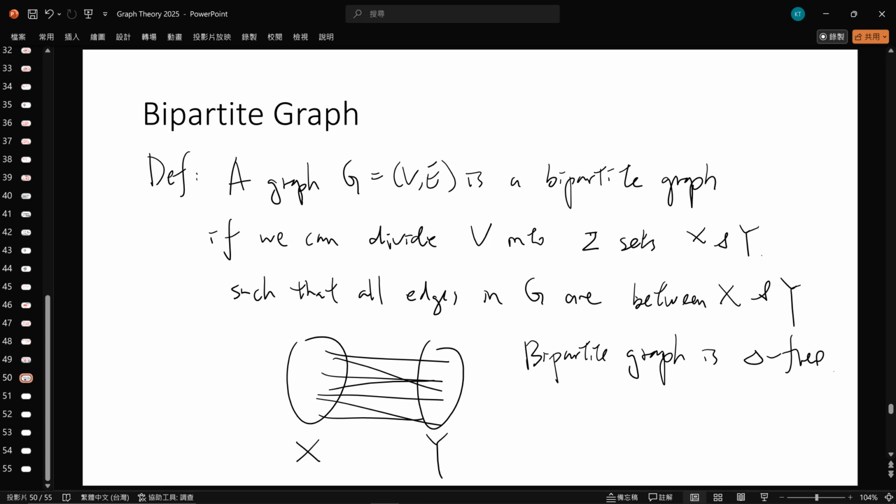So actually, we can slightly generalize this result. A triangle is like a cycle, a cycle of three vertices, or three edges.